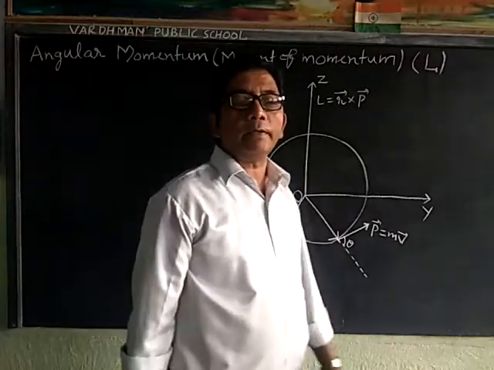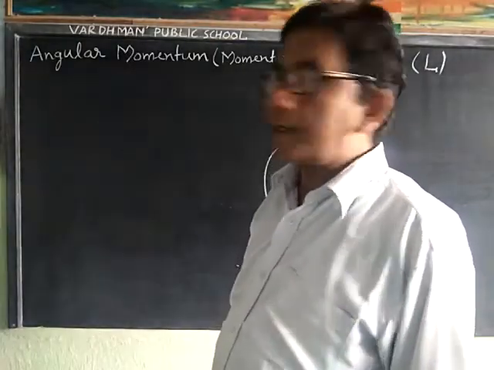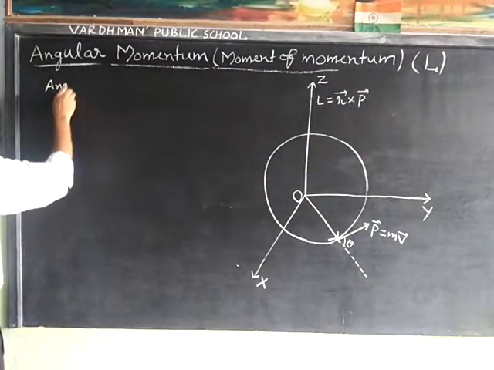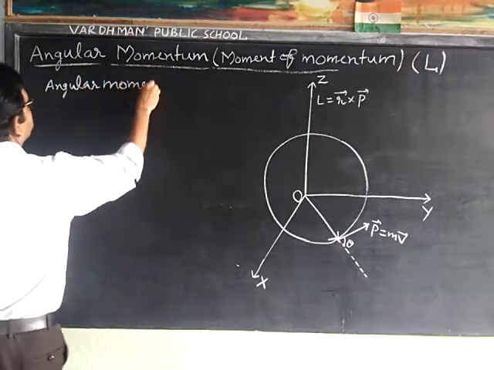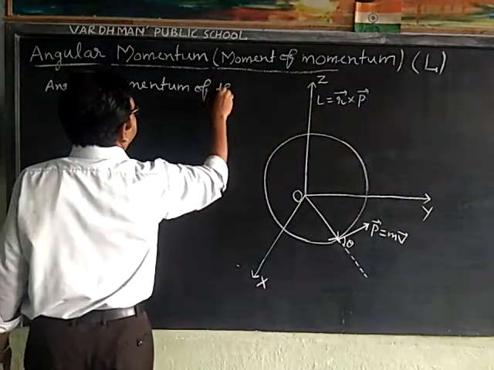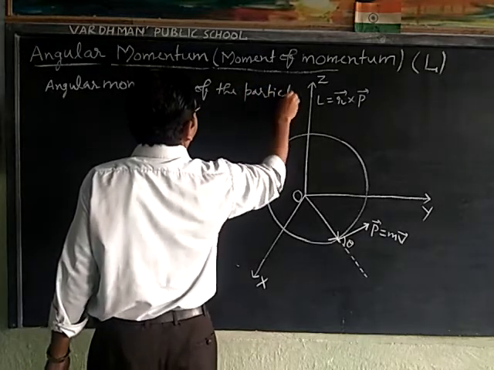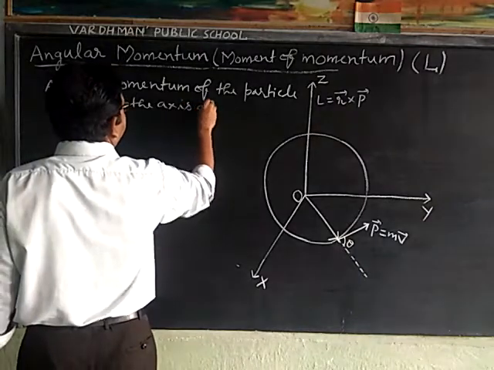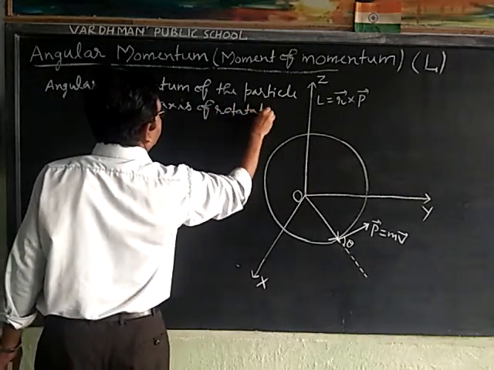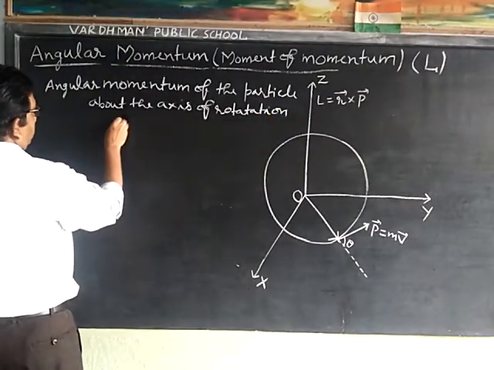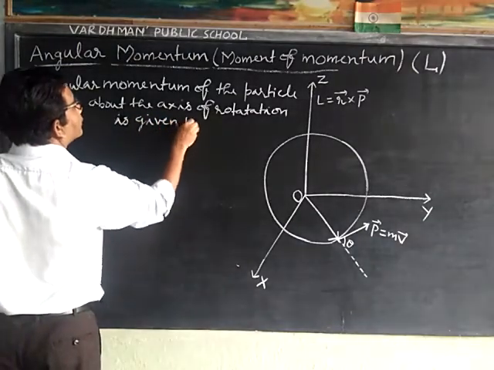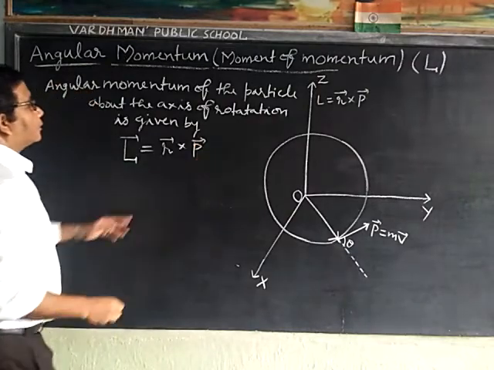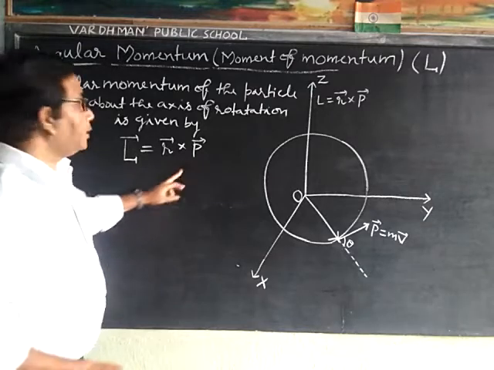The angular momentum of the particle about the axis of rotation is given by L is equal to r cross p, where p is the linear momentum.